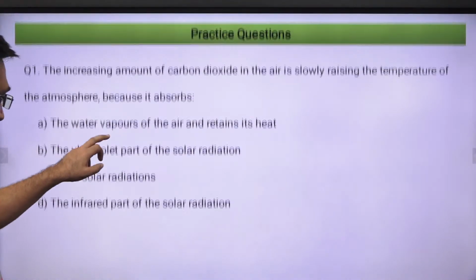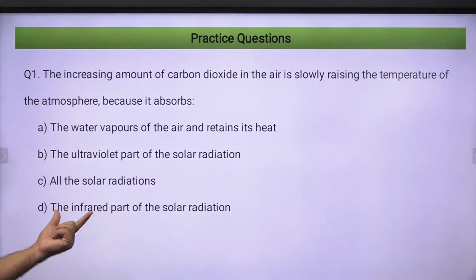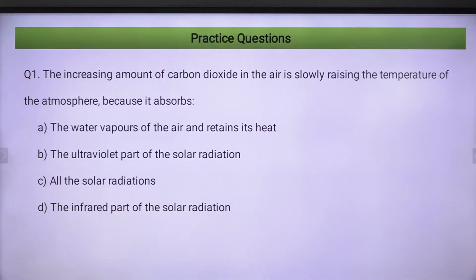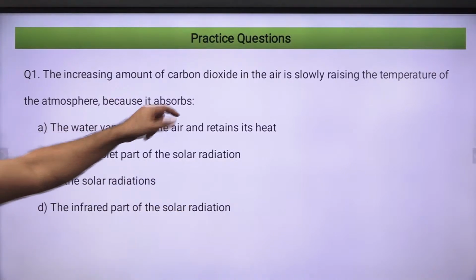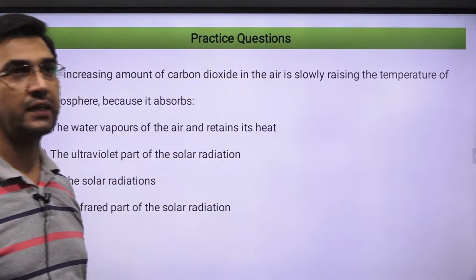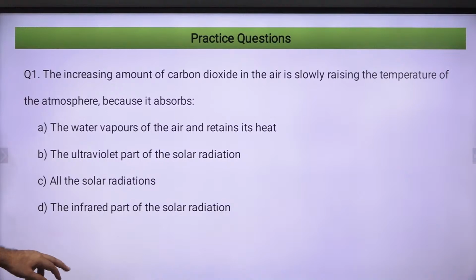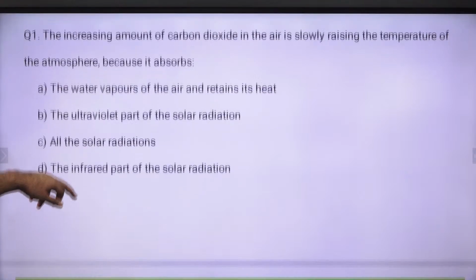So now the most appropriate answer is the infrared part of the solar radiation, that is absorbed by the carbon dioxide, and that is why we say this is leading to global warming or climate change.